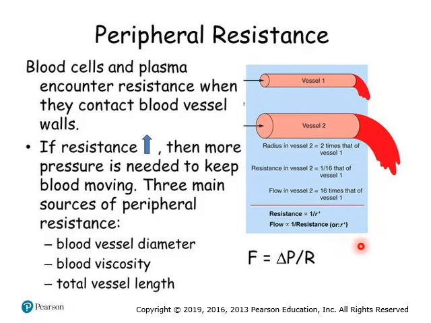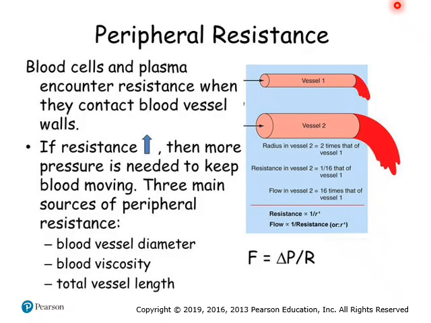Peripheral resistance. Blood flow is directly proportional to the blood pressure gradient. A change in blood pressure would affect blood flow dramatically.